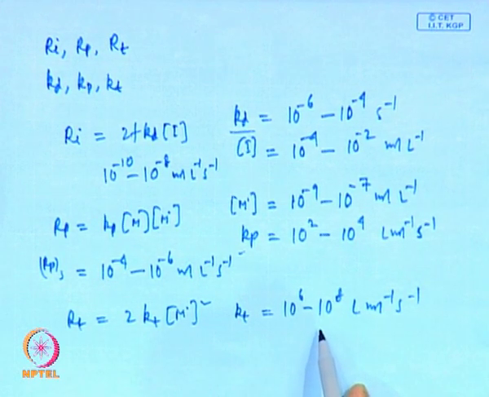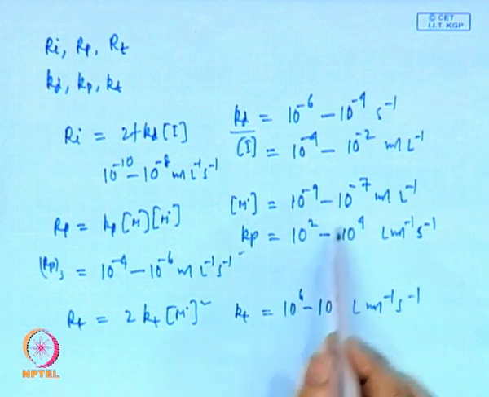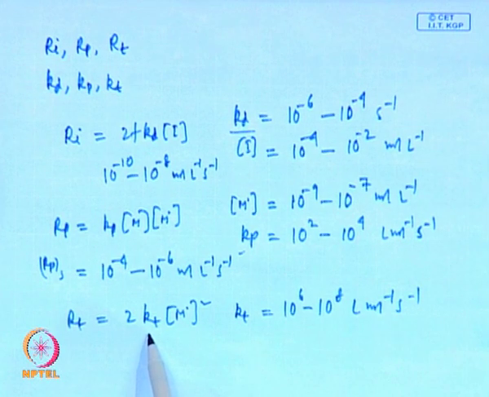But it does not mean that the rate of termination is faster, because the concentration of M dot is very low. The rate constant is very high, the reaction is intrinsically very fast, but because the concentration of the radical species is very low, the rate of termination is also low, and that actually enables us to reach a steady state.